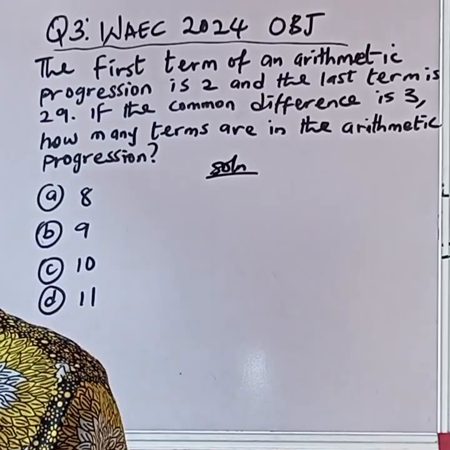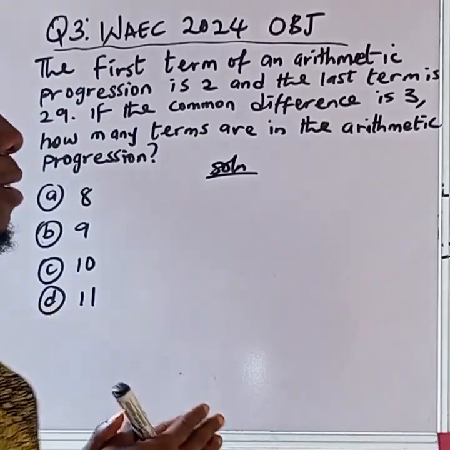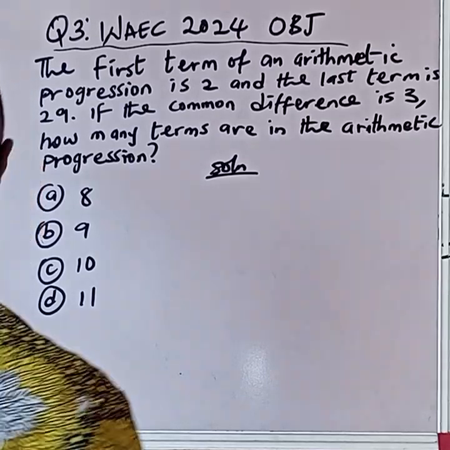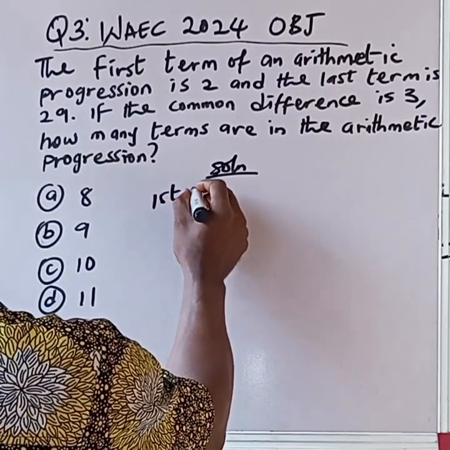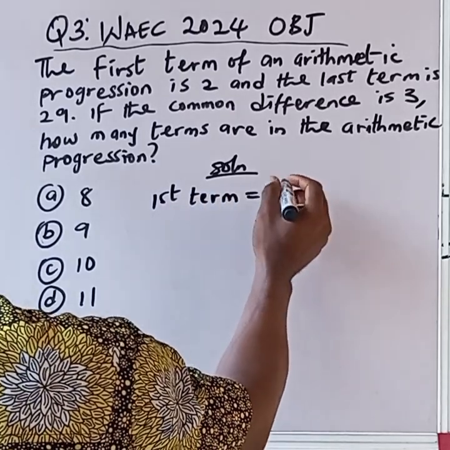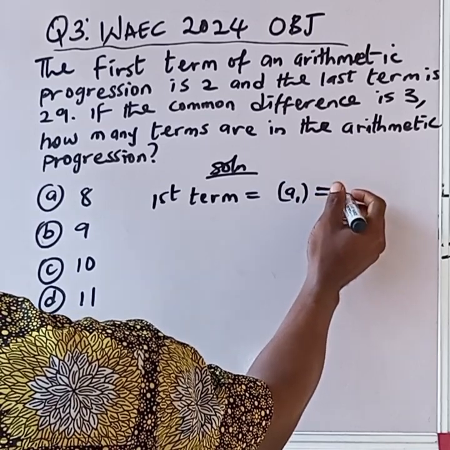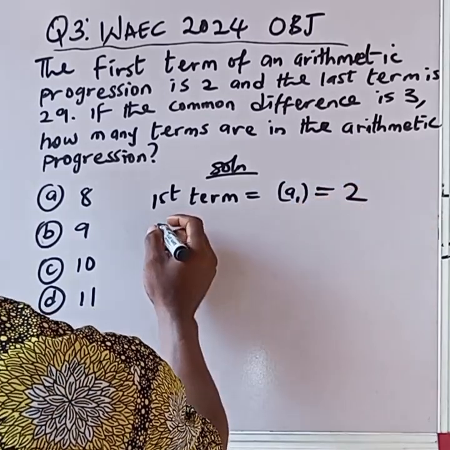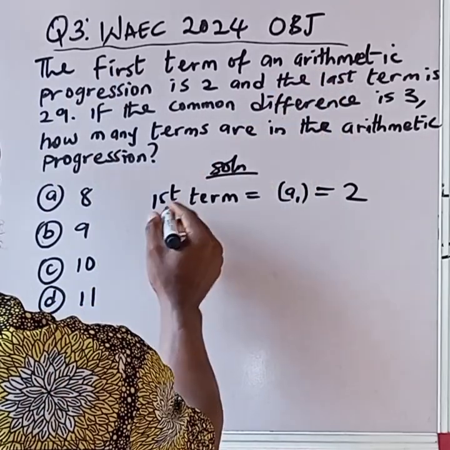First of all, we have to identify the given values. What are the given values? The first term is A1, which equals 2.